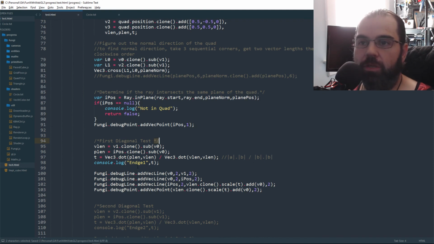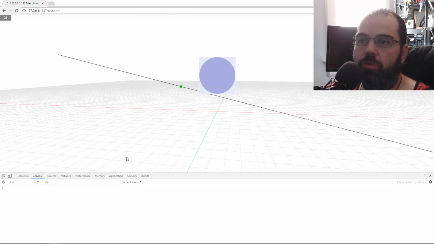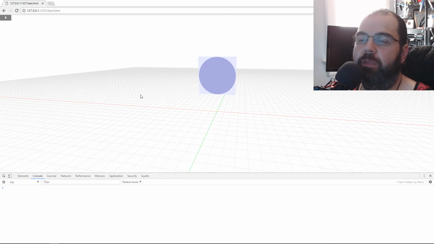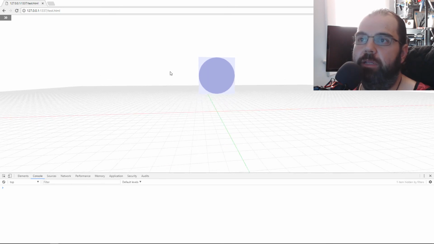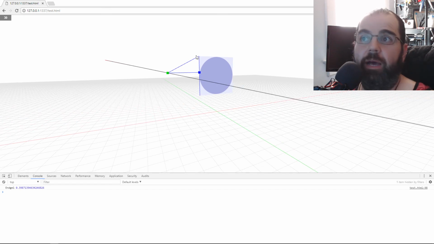How to calculate it. So we're going to grab an edge, and then we're going to do a projection onto that edge to determine where the position is. So if I go over here, and let's say I click here. As you can see, I highlighted that edge.